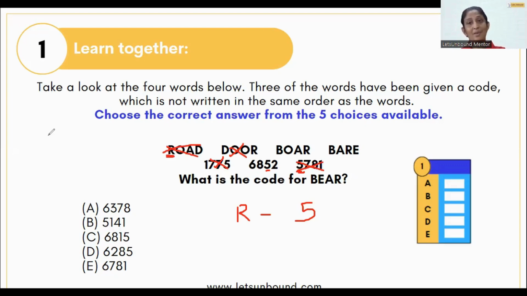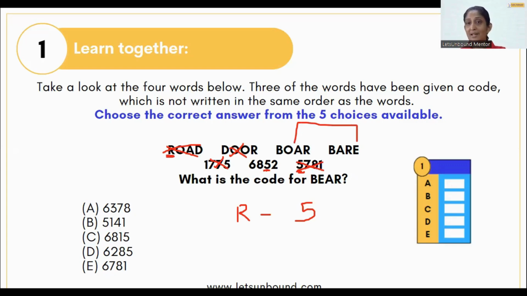Okay, now what remains is 6852. So 6852 belongs to which code? Is it BOAR or BARE? We know that R is at the 3rd position in the alphabet, right?